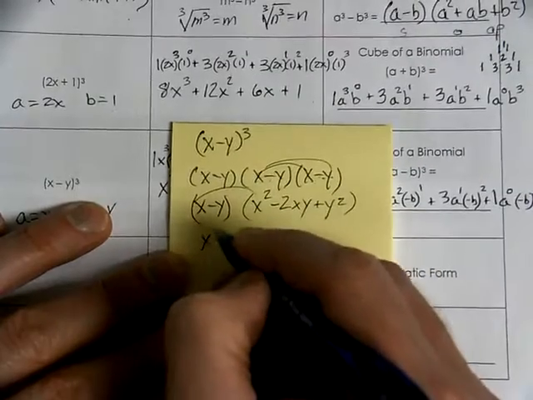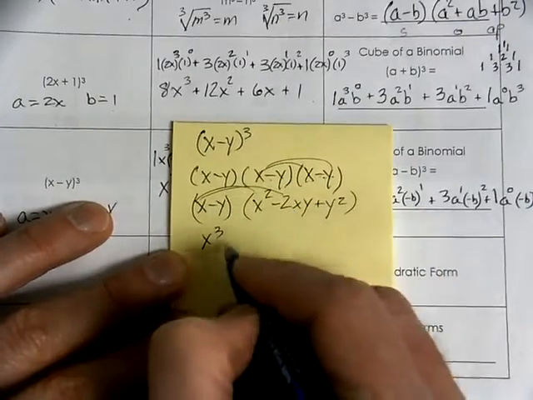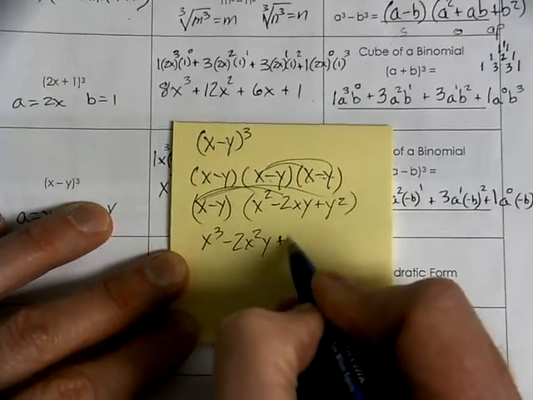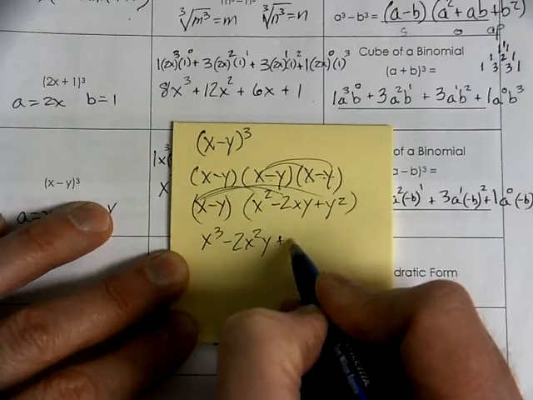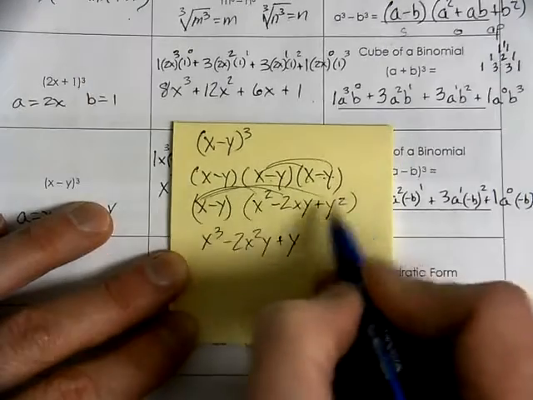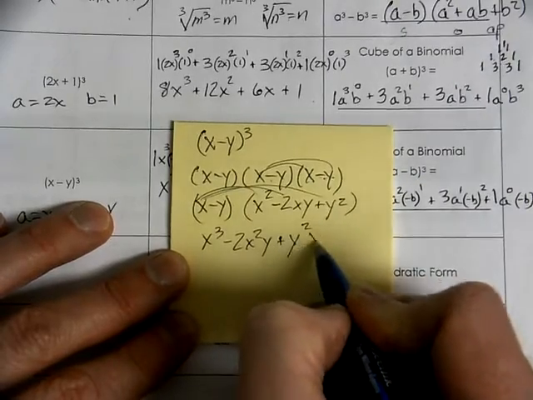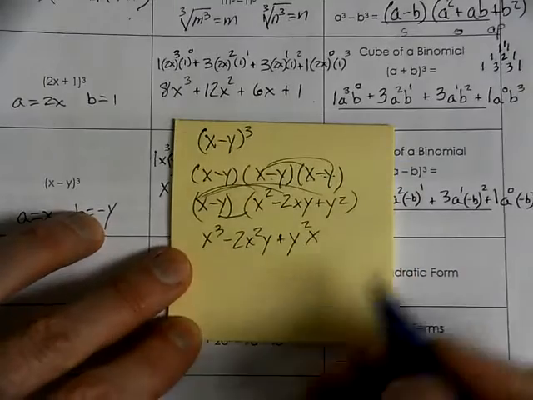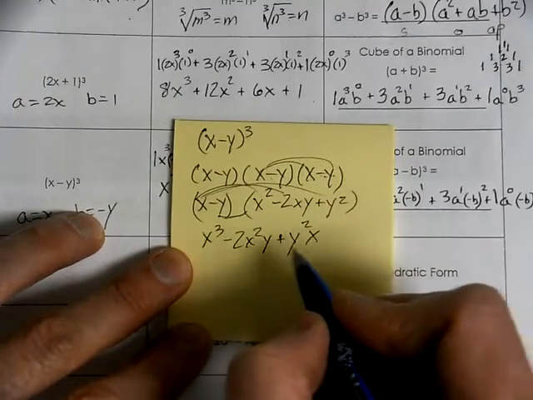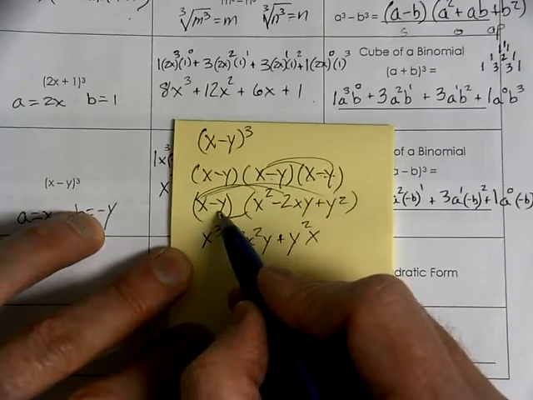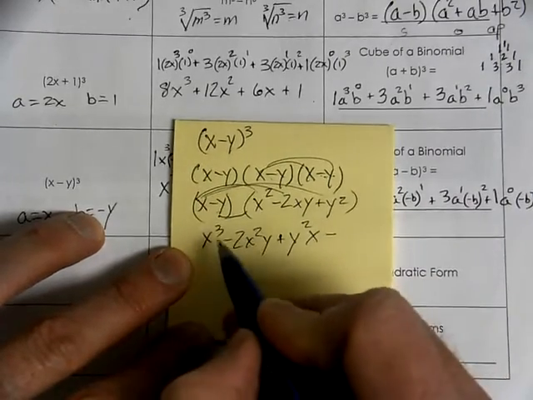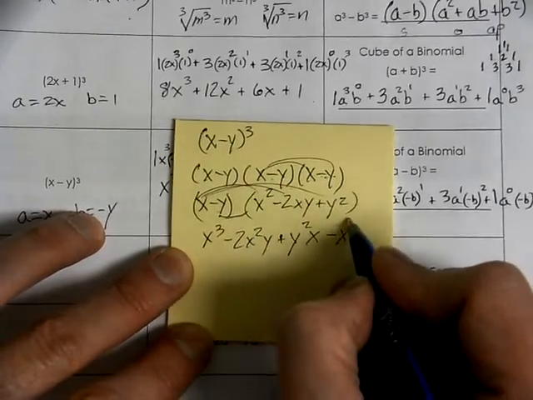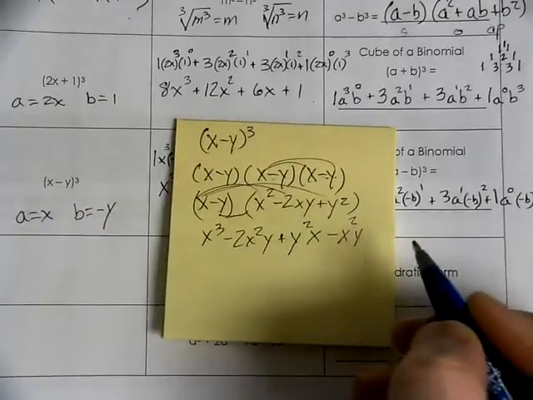Then we're going to get x cubed, negative 2x squared y, plus y squared times x. I guess I could have put the x first, but it doesn't matter. Here, we have a negative yx squared, or a negative x squared y.